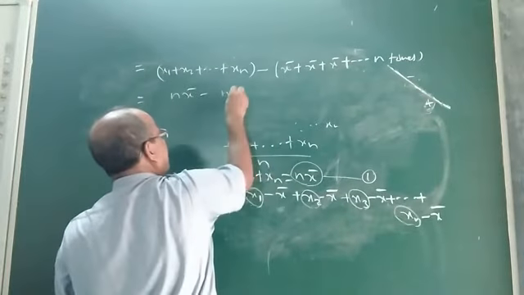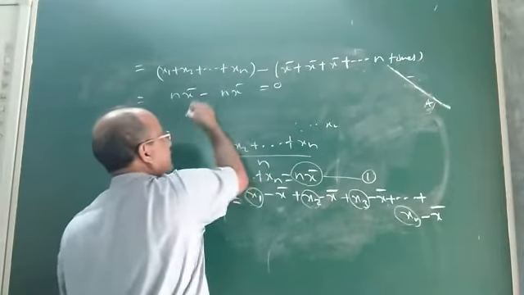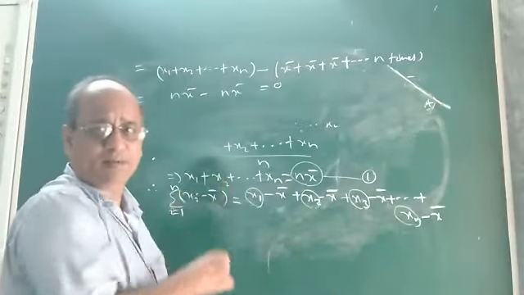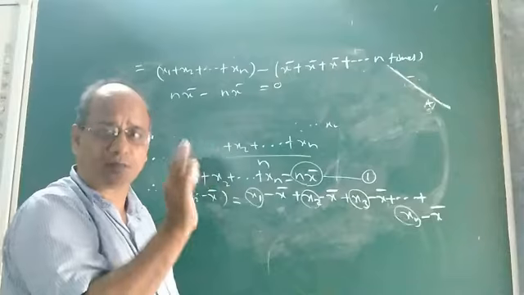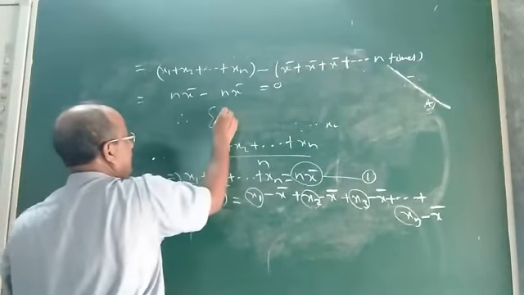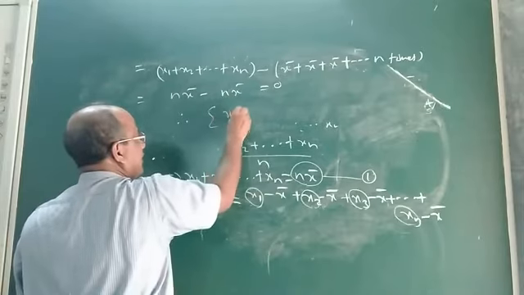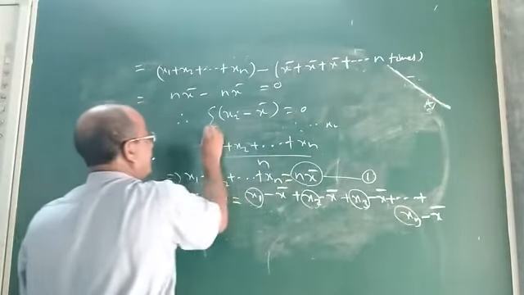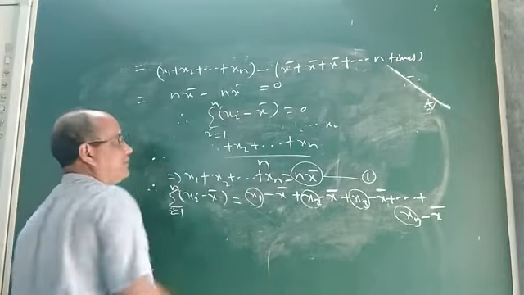So this is n x bar minus n x bar, which is 0. That means if x bar is the mean of n observations, then summation of xi minus x bar will be equal to 0, with i taking values from 1 to n.